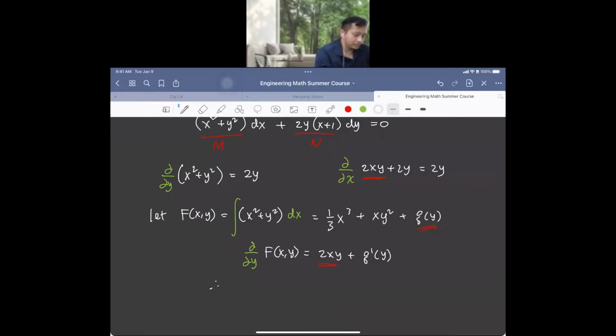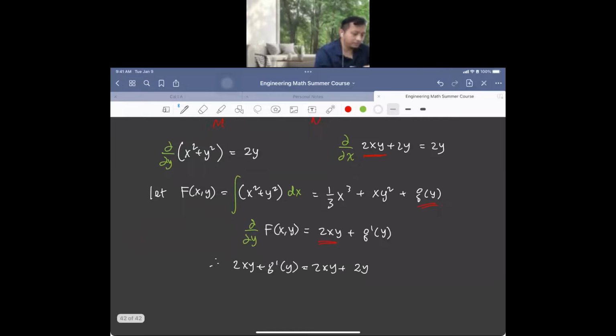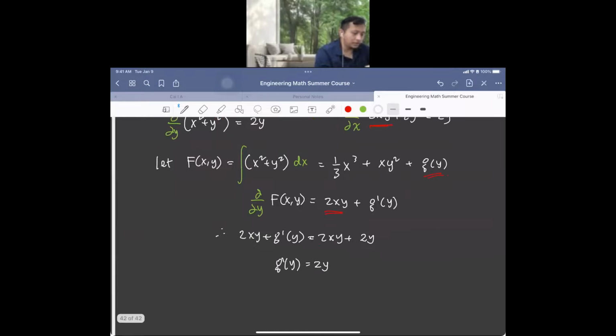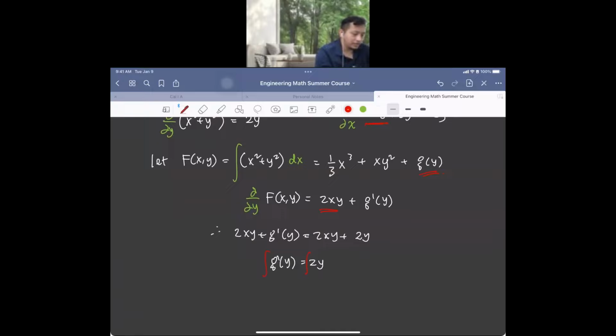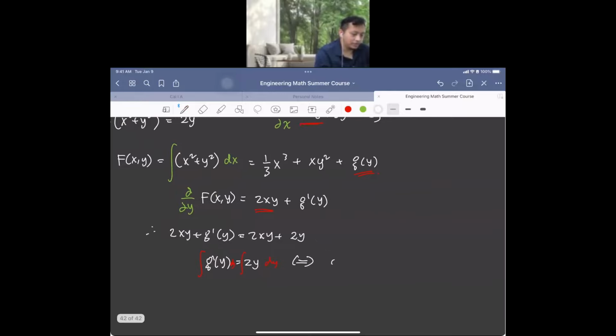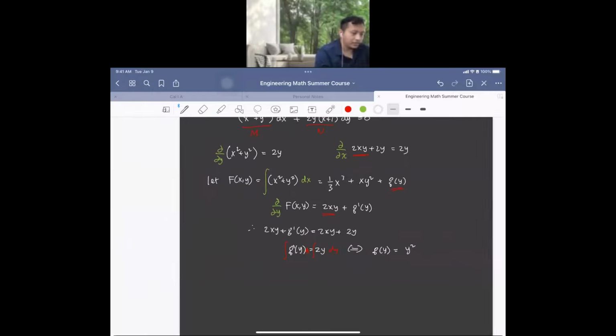So 2xy plus g prime of y is equal to 2xy plus 2y. So g prime of y is 2y, and we take the integration with respect to y. So g of y is y squared, right?